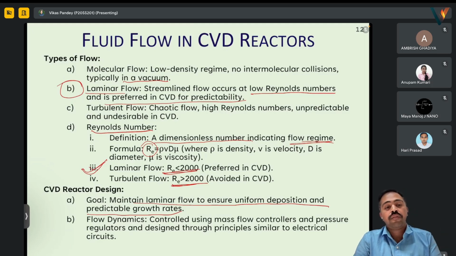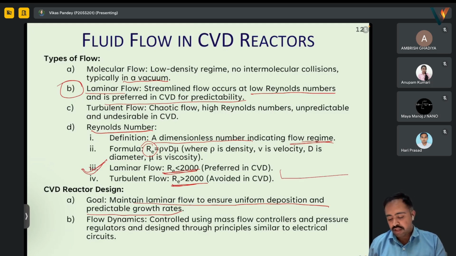So when designing this CVD reactor itself, it has to be taken care of that the flow should be laminar. Inlet and outlet, everything should be clear. Sometimes it even happens that we have everything made, but the flow is not laminar because the outlet is covered. We have one outlet, one inlet.